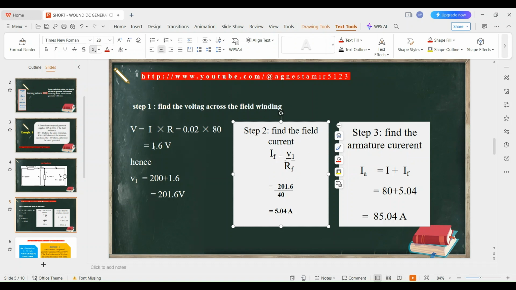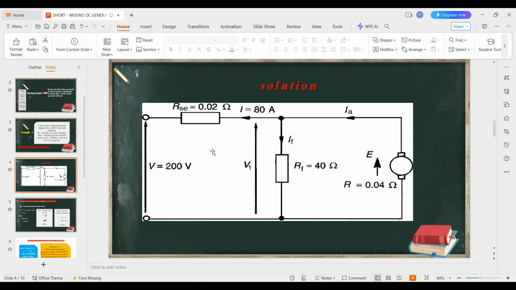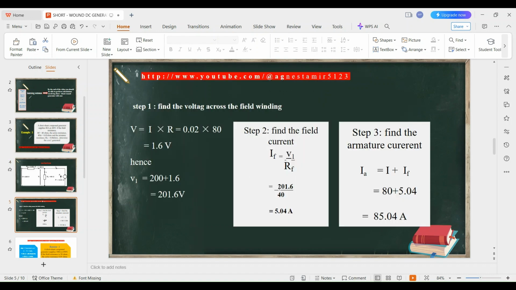How do we calculate the field current? This is the field current I'm talking about, the current flowing through the resistance RF. We have V and we have R. Therefore, using Ohm's law, current is given by V over R. In our case, we are using V1 over RF, that is 201.6 divided by 40.